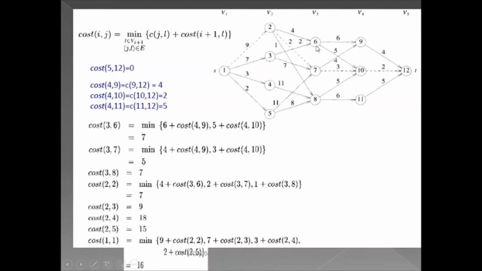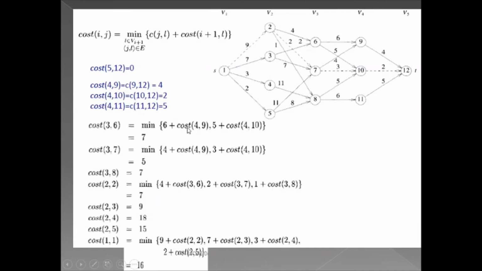From 6 we have two outgoing edges, one with a weight 6 and one with weight 5. Let us take both of them. This 6 is connecting to vertex 9, hence we take the cost of 9, and this edge is connecting to 10, so we take the cost of 10. Already we have the cost of 9 and 10, so directly substitute them.